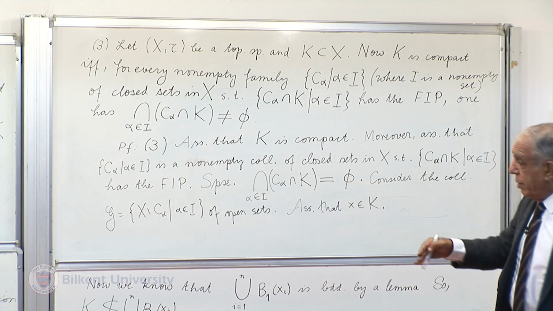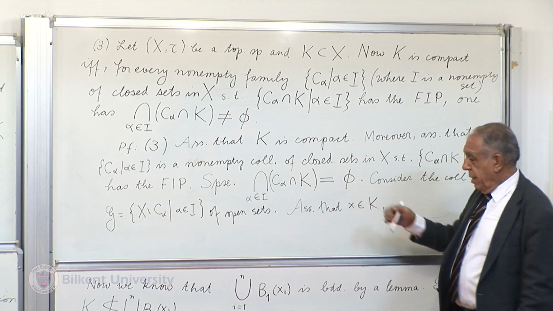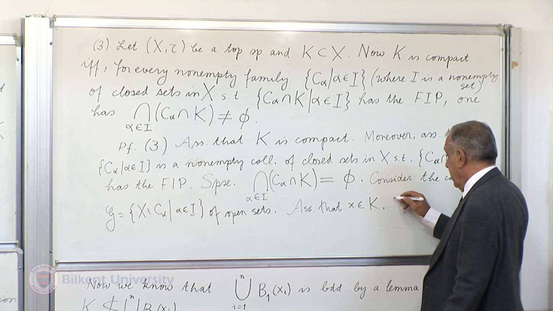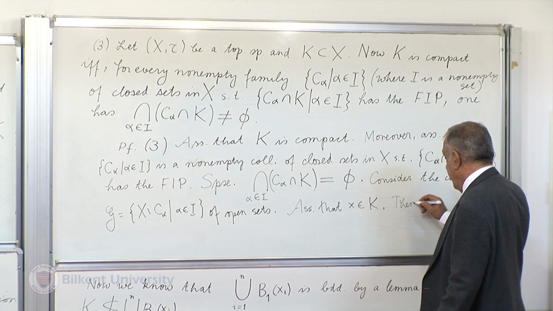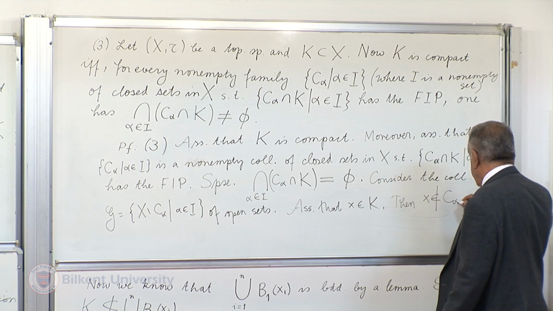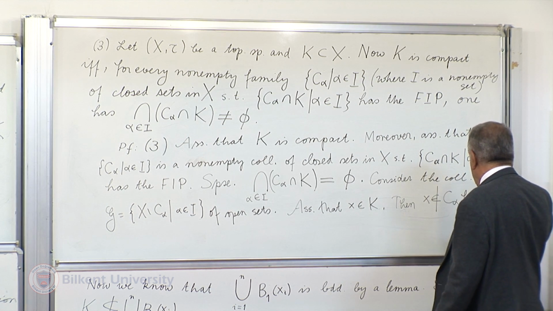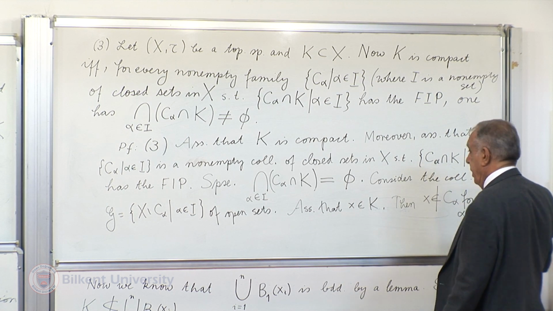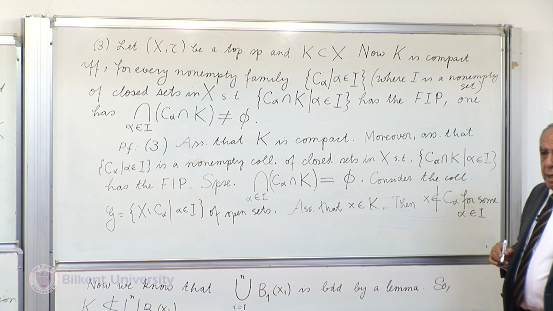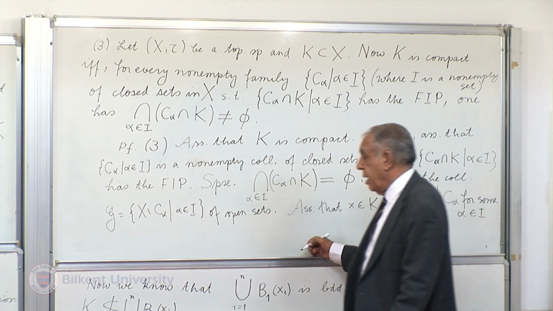It would belong to this intersection, and this would not be empty. Then x does not belong to C alpha for some alpha in I. But that means it belongs to the complement of C alpha.